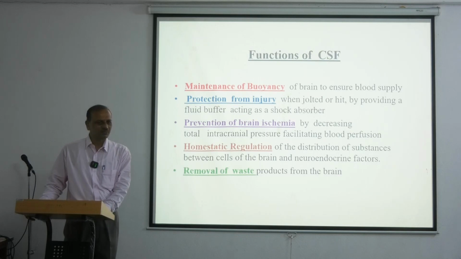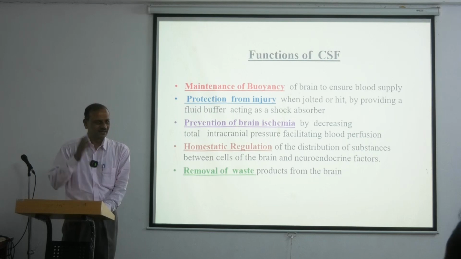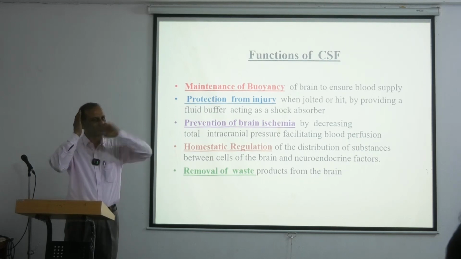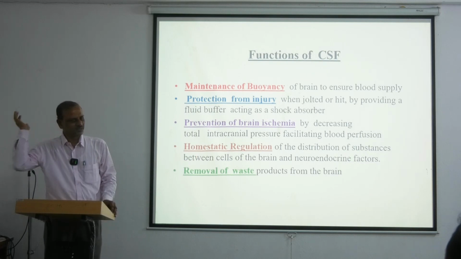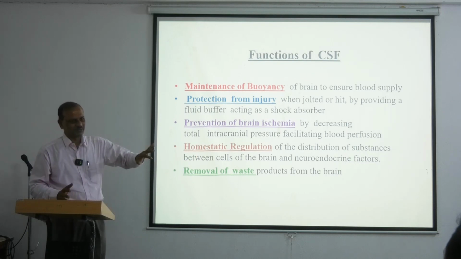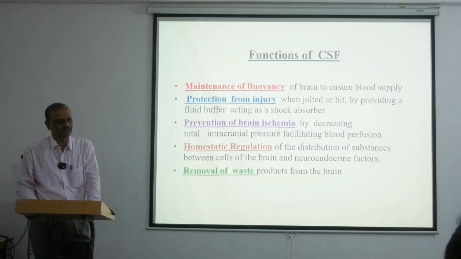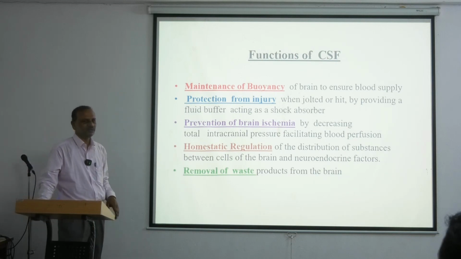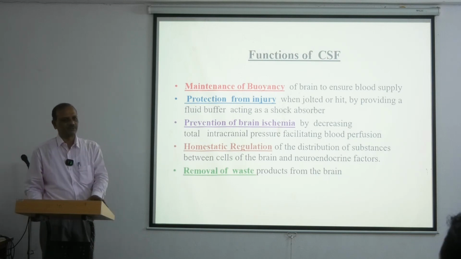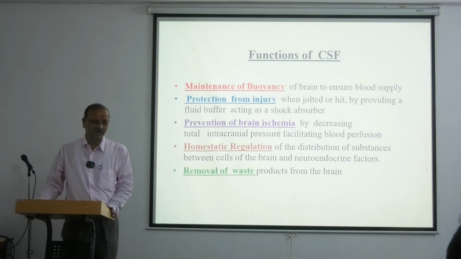If there would not have been a CSF, if there would have been a head injury, it would have hit directly either in this side and on the contralateral side also. But since there is a fluid, the moment there is a head injury, the fluid simply jerks out. The injury is not allowed to hit the brain directly. So protection from injury, and this does occur during infancy, so the volume of the CSF is higher during infancy.